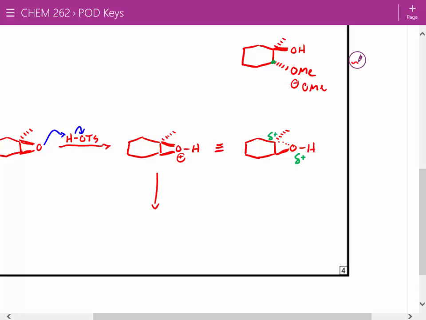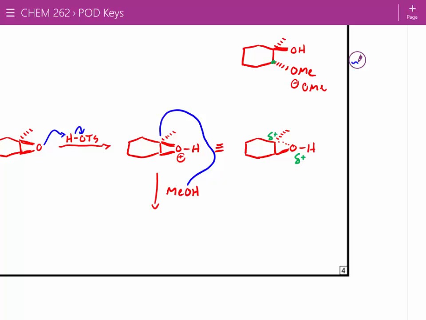So now that we've got that ready to go, we can have our methanol attack. Our methanol will attack from the more substituted side and ring open it. We know that bond between that carbon and that oxygen is particularly weak because of that positive charge. When we do this, we're already set with that alcohol protonated.